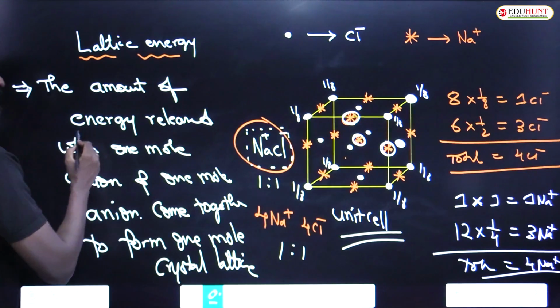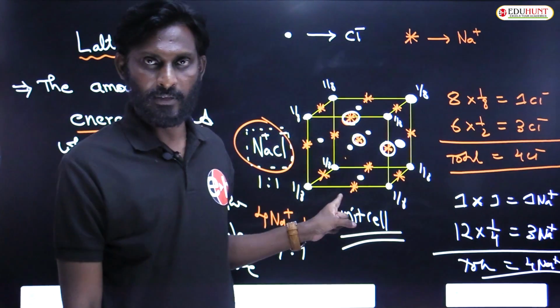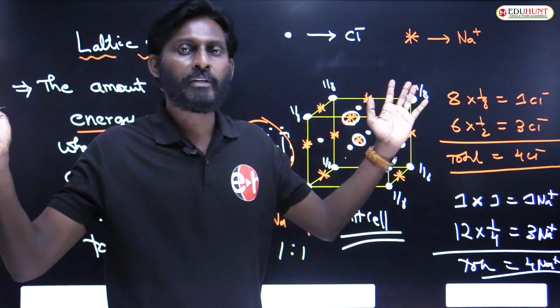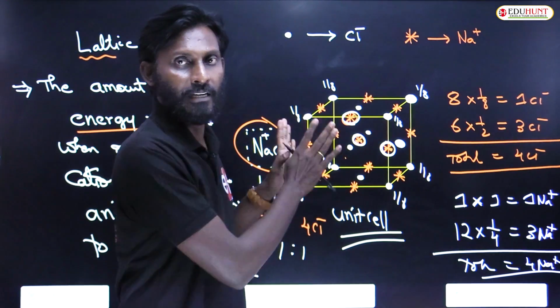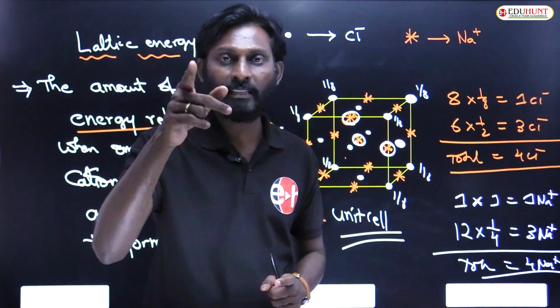So, the amount of energy released. Okay. Imagine there is 1 mole Na plus and 1 mole Cl minus coming close together to form 1 mole crystal. In the formation of this crystal, what happens? Energy is released. That energy is called lattice energy.